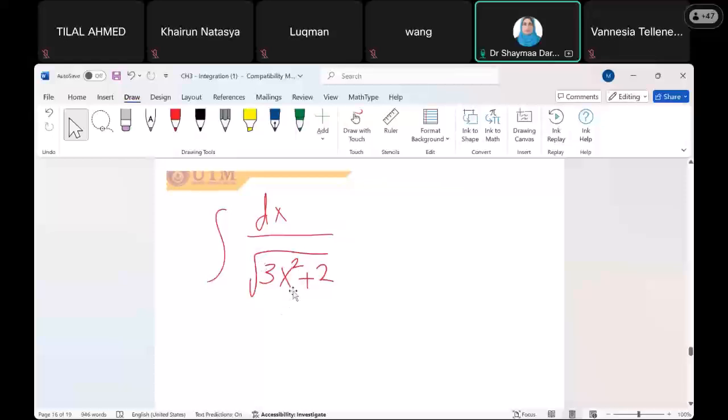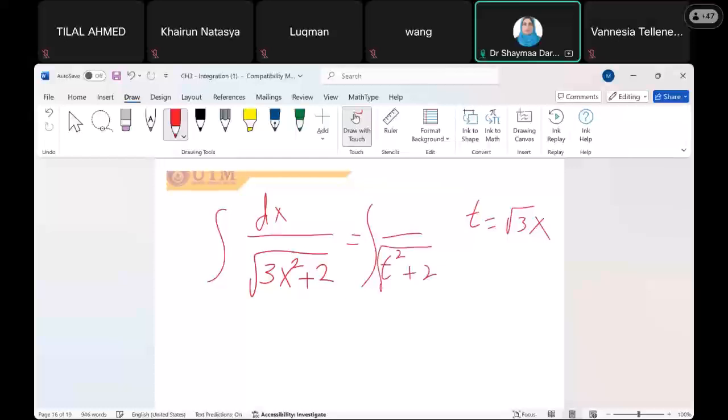Before deciding which formula we have to use, I have to replace 3x squared by another variable squared. So I will make t equal to square root of 3 x. Why? Because I need to replace this one by t squared plus 2.